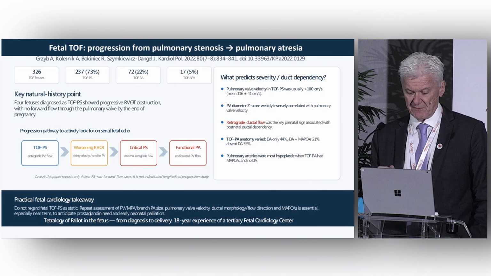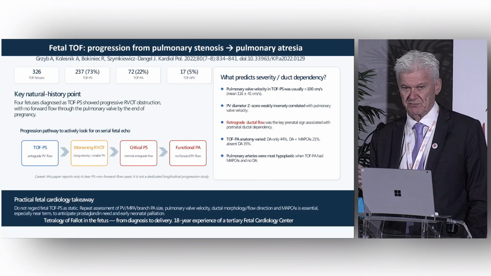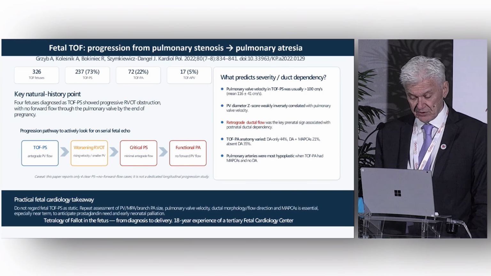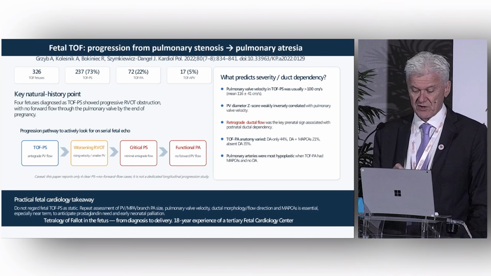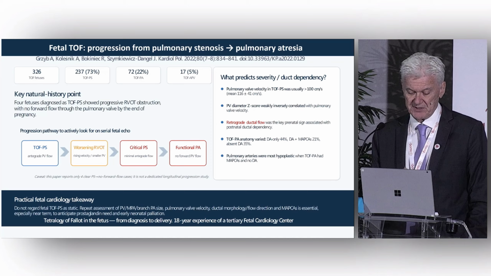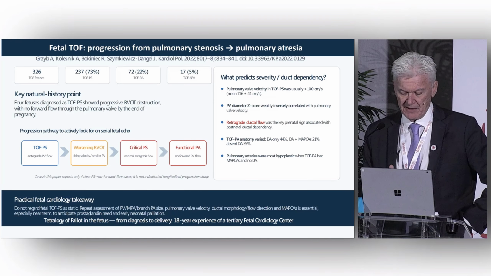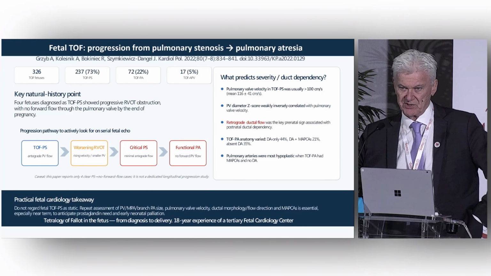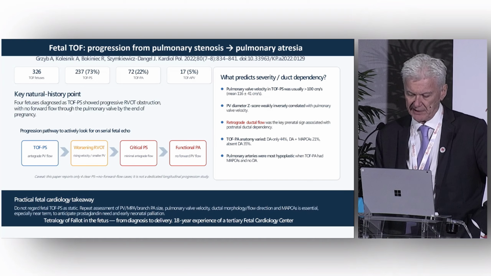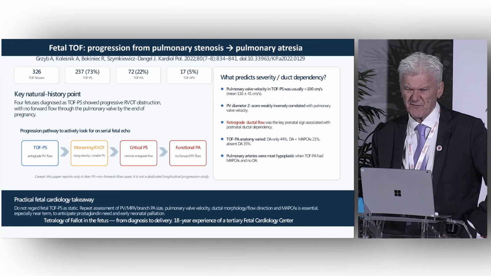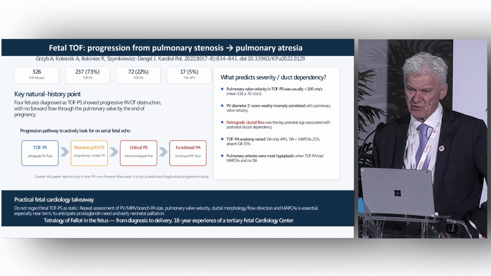The chances of a baby going from pulmonary stenosis to pulmonary atresia is extremely small. Looking at all of these babies, there were only 4 cases that actually presented, at the end of the day, with a functional pulmonary atresia. They had pulmonary arteries to start with, but there was progressive narrowing. So it's a very small percentage, and I guess that's important to know.